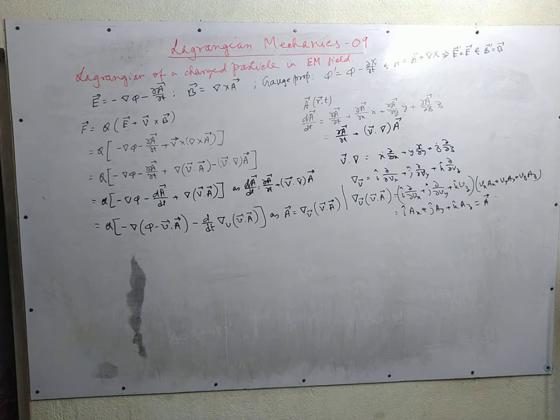You recall that the scalar potential phi is a function of space coordinates and of time.